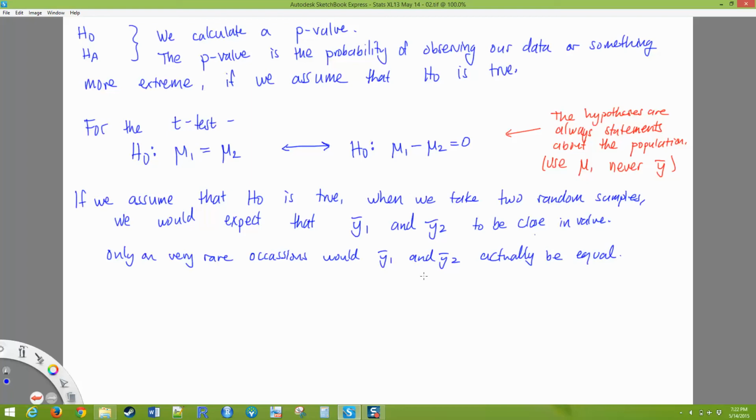So we have something called an observed difference between the sample means.